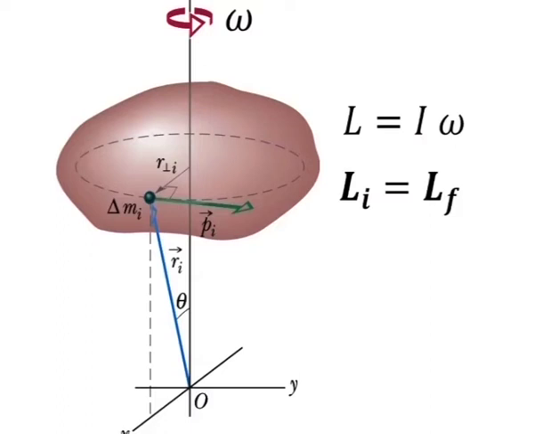Substituting the value of L is equal to I omega into L_i is equal to L_f, we write this conservation law as I_i omega_i is equal to I_f omega_f. Here, the subscripts refer to the value of the rotational inertia I and the angular speed omega before and after the redistribution of mass.